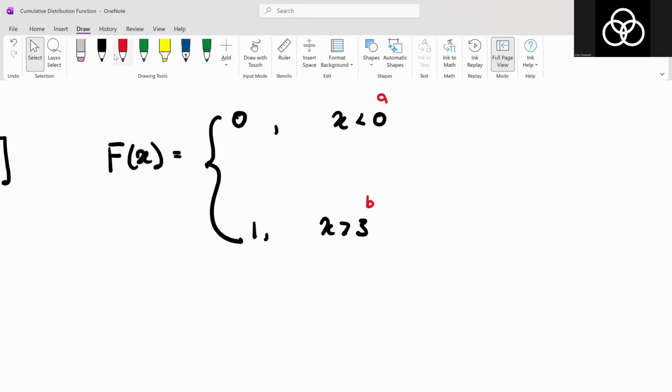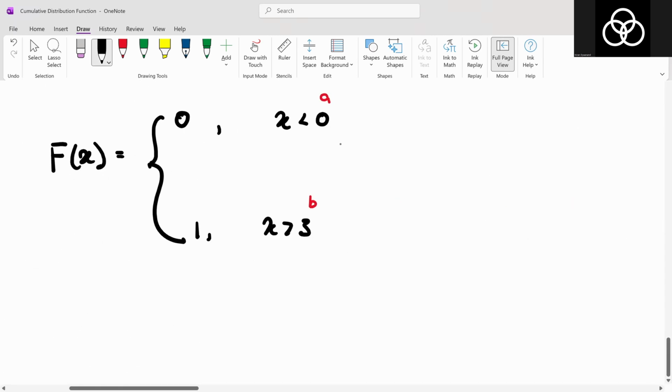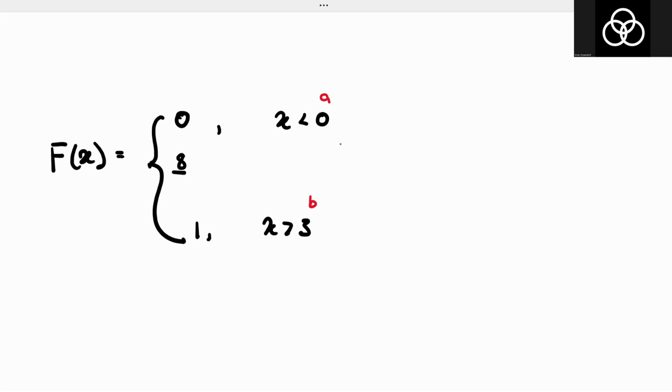Right? So those contributions cater for the otherwise, and then our middle function, our actual meat and bones of it, is just that 8 over 15 x minus 1 over 15 x squared. And this takes place between a and b. So this is 0 is less than or equal to x is less than or equal to 3.